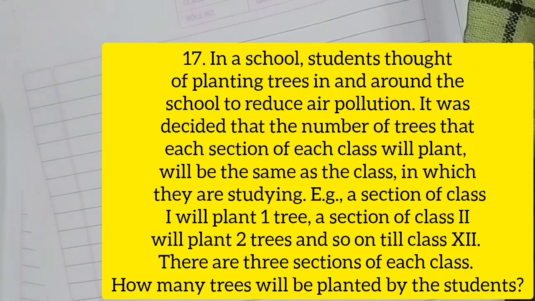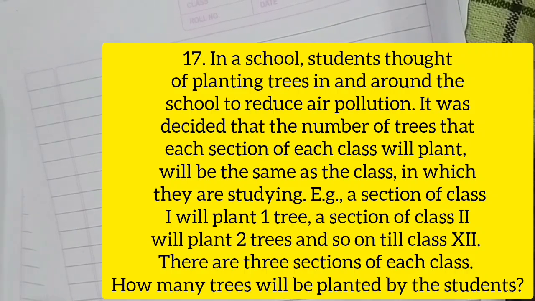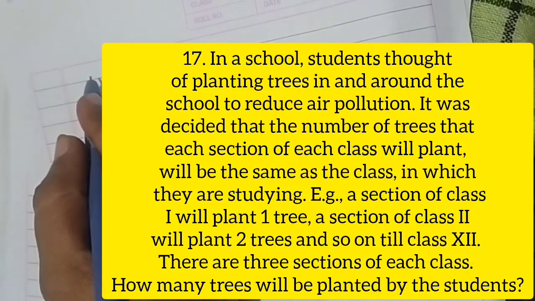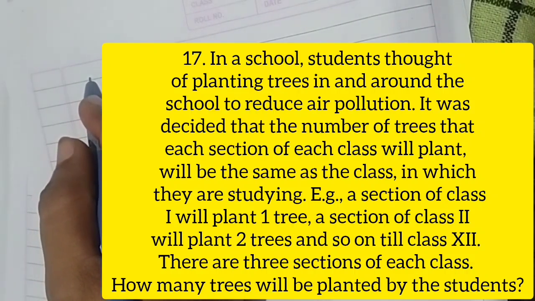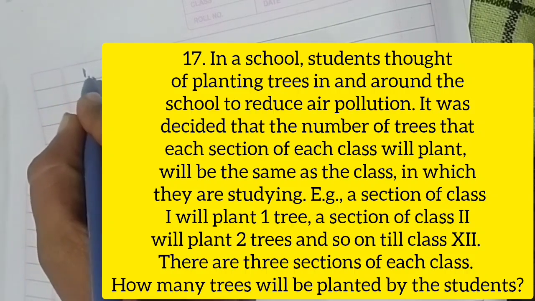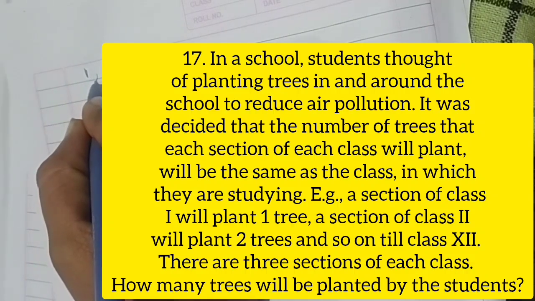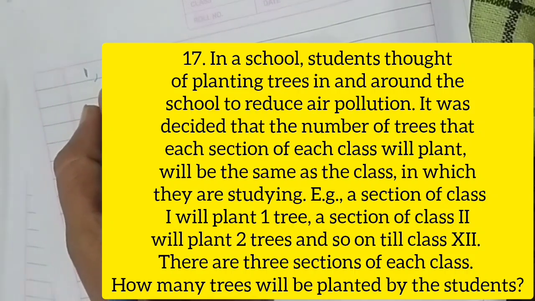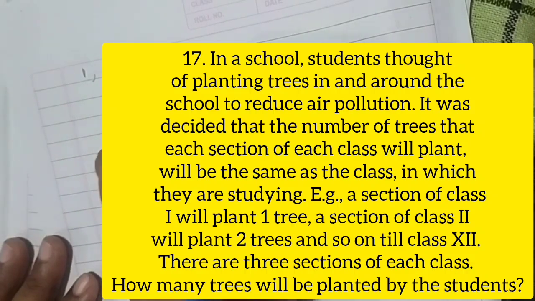So here the number of trees planted by the students is in AP. So what we will do? They are saying the class 1 will plant 1 tree, class 2 will plant 2 trees, and class 3 will plant 3 trees.